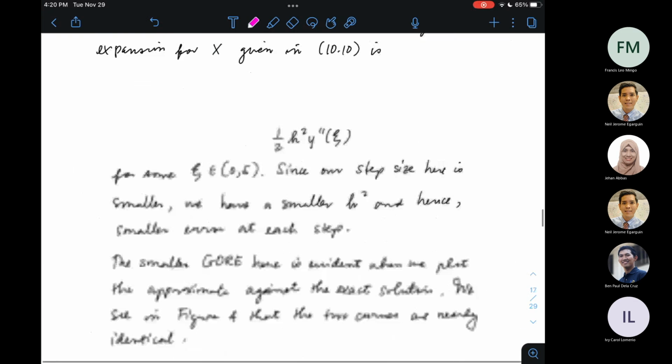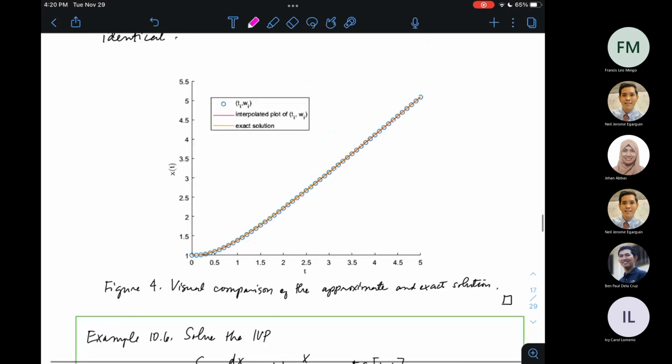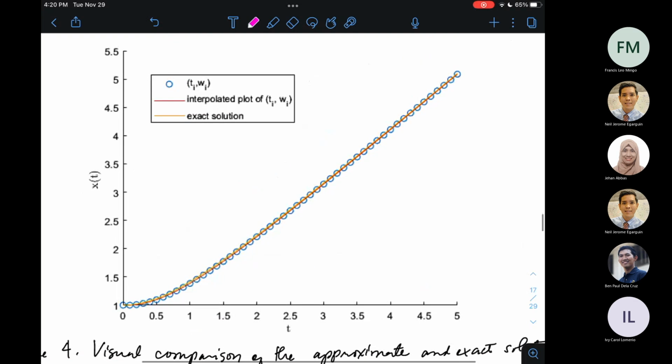Pero siguro pakita ko muna yung picture just to convince you that indeed using a step size 0.1 gave us a more accurate solution. And this is expected because nakita natin yung L2 relative error noong nakuha nating estimate from the true solution is just a little over 0.5%.